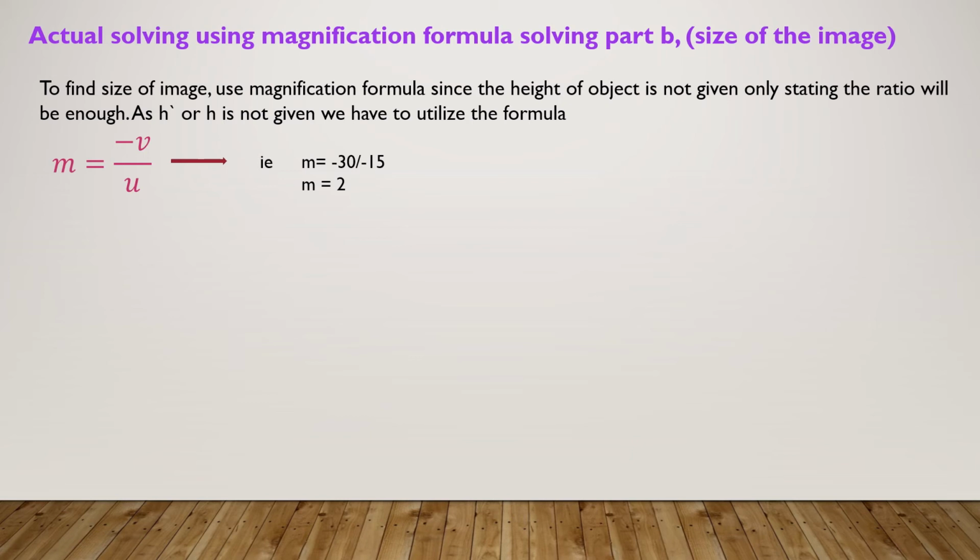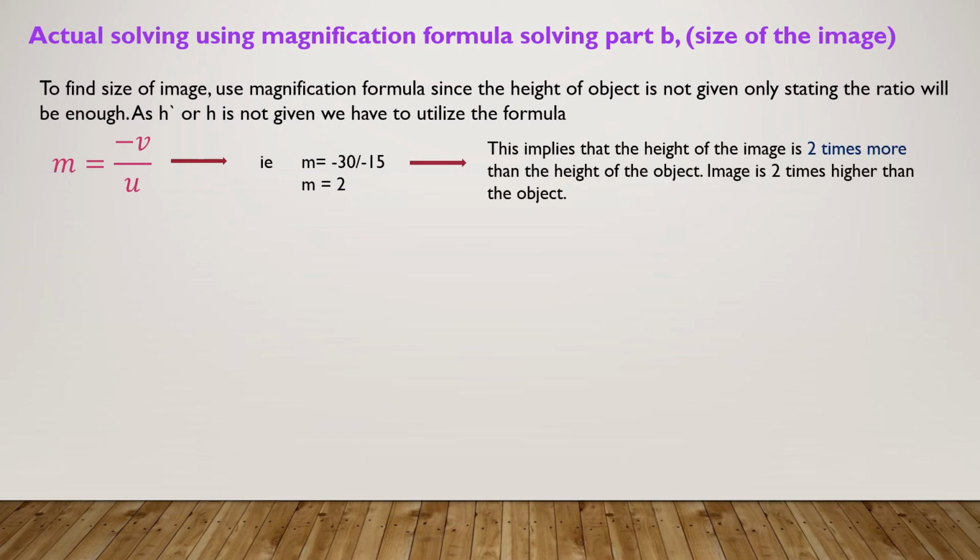This comes to m is equal to 2. What does this indicate? It indicates that the magnification is twice. That means the height of the image is 2 times the height of the object. It is a ratio. So the image is 2 times higher than the object. This is the information we get from m is equal to 2.